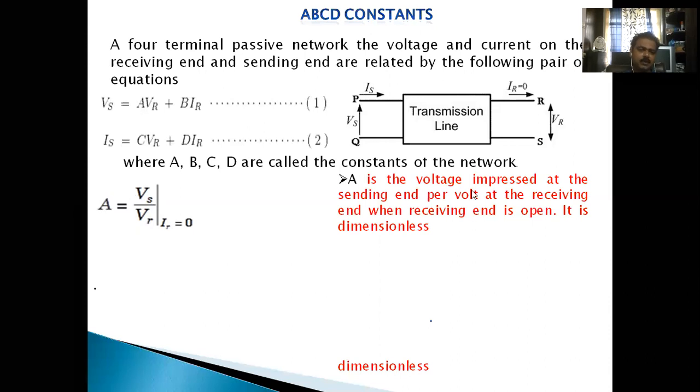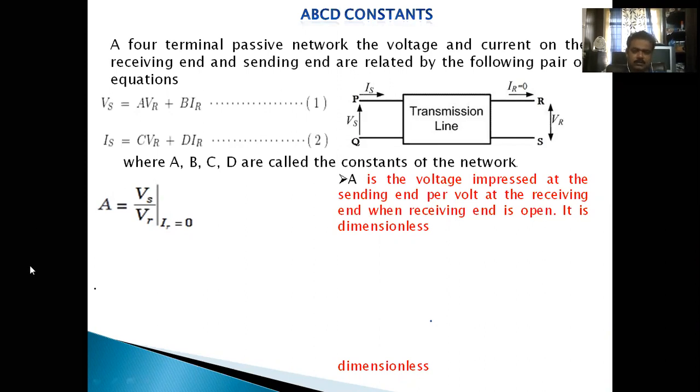So A is the voltage impressed at the sending end per volt at the receiving end when the receiving end is open circuited. Units are voltage by voltage, so A is a dimensionless quantity.